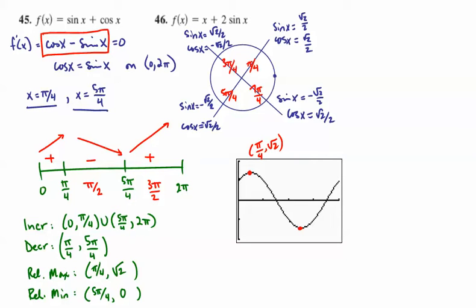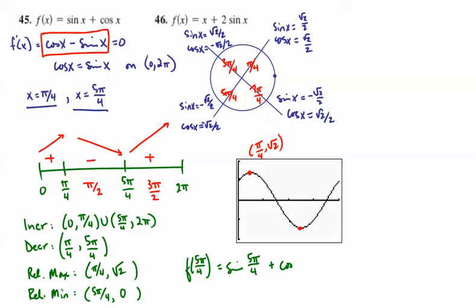Cosine of 5 pi over 4 is negative root 2 over 2. So let's see what we have here. We're looking for f of 5 pi over 4. So that would be sine of 5 pi over 4 plus cosine of 5 pi over 4. I think that what I did there is instead of plugging back into the original function, I plugged into the derivative.